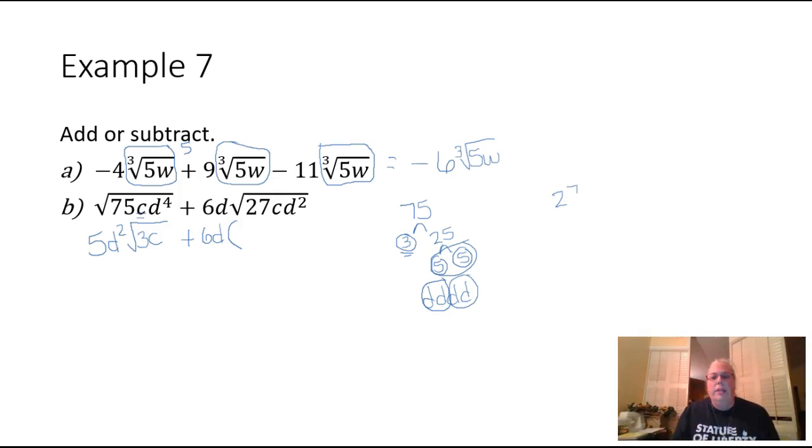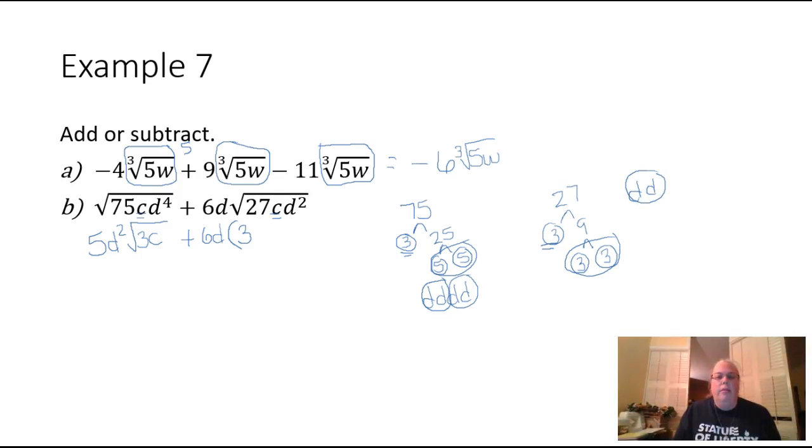All right, so 27 is 3 times 9, and 9 is actually 3 times 3. Since this is a square root, I need pairs. I have a pair of 3s, so I know I can bring that out in front. This 3, though, is going to have to stay under the radical because there's not another 3 to go with it. I've only got one c, so that's going to have to stay underneath the radical, and then I have d squared.